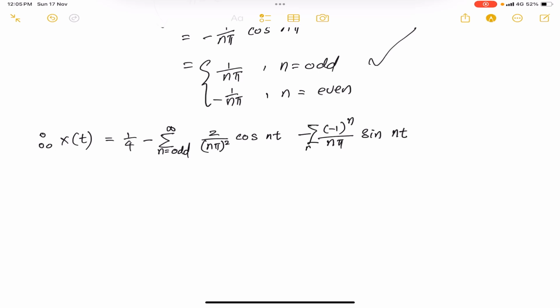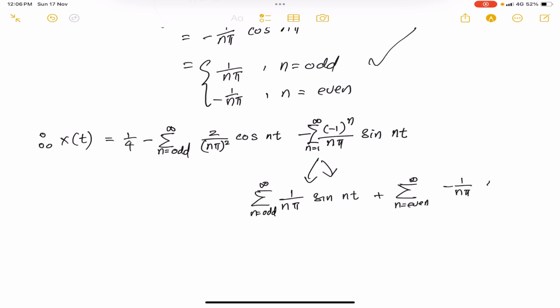This one is from n equal to 1 to infinity. If you don't want to write when n equal to odd, this is actually a combination for odd and even. If you want to write the even and odd together, you can write in this way. All right, so that's all for this question.